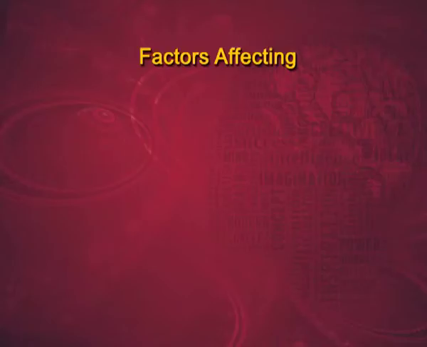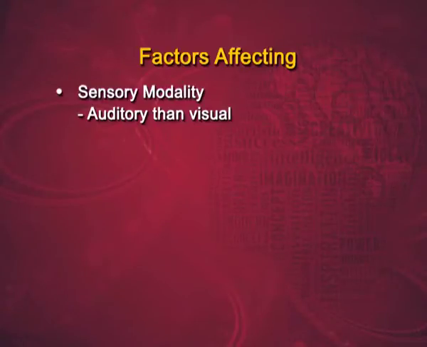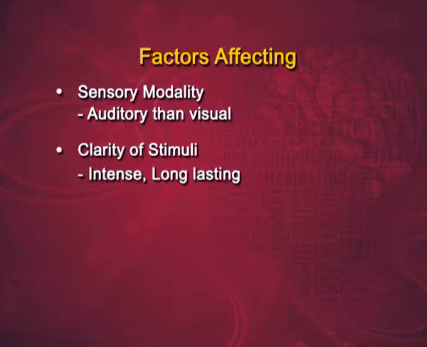The factors that affect sustained attention are sensory modalities. It is said that auditory stimuli are more attended to than the visual stimuli. The clarity of stimulus. Experiments have shown that intense and long-lasting stimuli are more useful for sustained attention than meek, weak or stimuli that last for lesser durations.